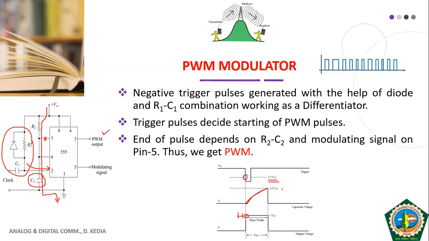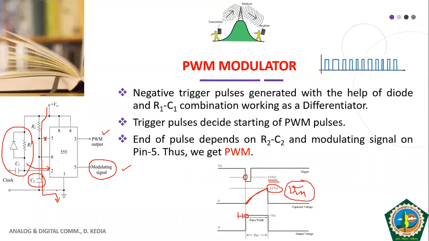In the earlier discussion, it was to charge up to 2/3 VCC, but here this 2/3 VCC has been overridden by the control voltage terminal, that is the modulating signal. It means the capacitor will charge up to the modulating signal voltage value, that is VM.